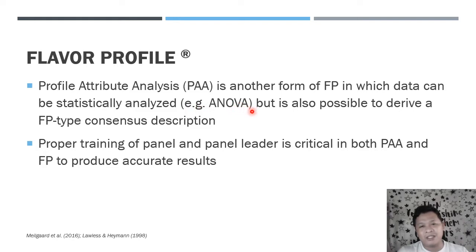But you can also transform it into a similar to flavor profile type na consensus description. So, ang maganda kasi na pag nag-consensus ka, iisa lang yung sagot mo. Hindi ka na mag-stat doon, di ba? Kasi nga, as one yung sagot nyo, walang deviation yun, di ba? Para kayong nag-mode, tapos iisa lang yung sagot ninyong lahat. Okay.